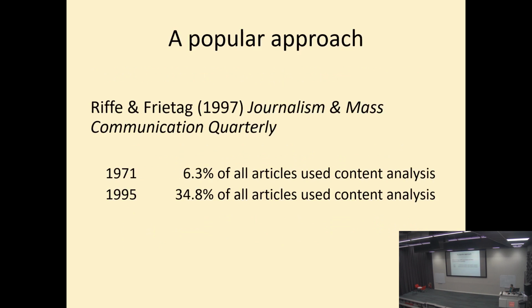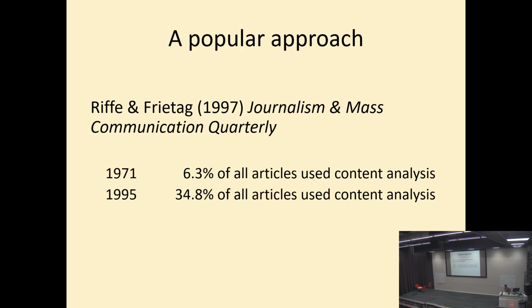So here's an example of something you can see used content analysis. This is an article in Journalism and Mass Communication Quarterly, and it found that in 1971, 6.3% of all articles used content analysis, and in 1995, 34.8% of all articles used content analysis. And that's displaying two things.